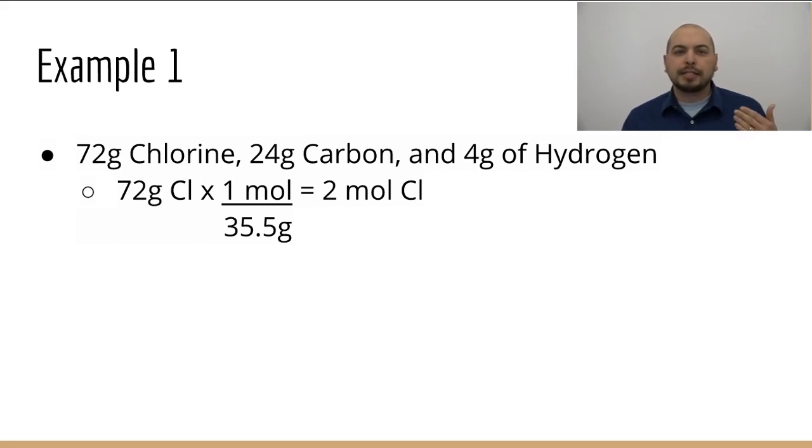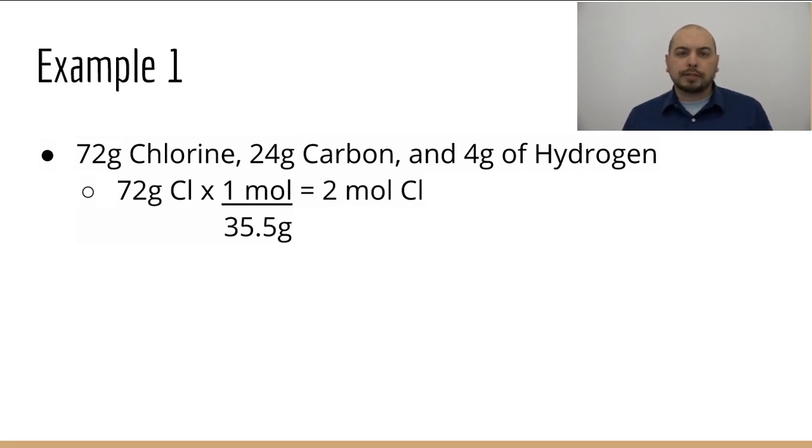This makes things simple because we know how to go from the number of grams of a substance into the number of moles of a substance. And with the empirical formula, the ratio we're looking to gain is simply the mole ratio, the ratio of moles of each element in the compound.